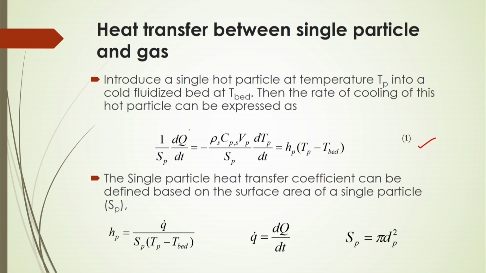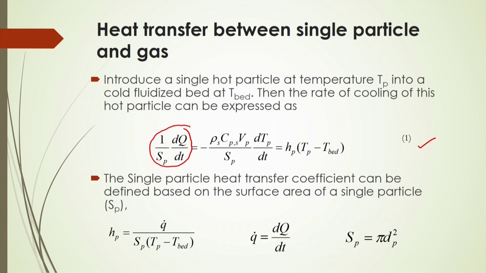Here, the left hand side of this equation will be equal to 1 by S p into dq by dt. That means the rate of heat transfer will be equal to minus rho s C p s into V p by S p.